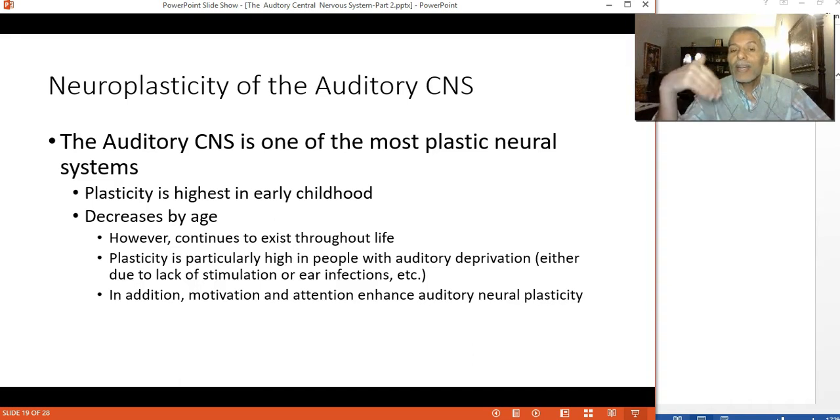And like I said, the greatest improvement is noticed in people who have effects of auditory deprivation, or people who haven't been experiencing the sounds enough. So they show the most robust improvement.